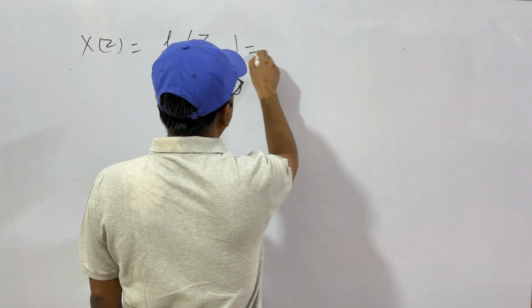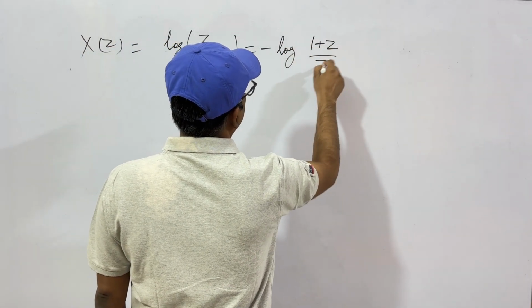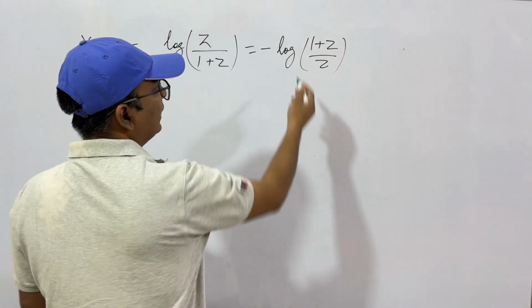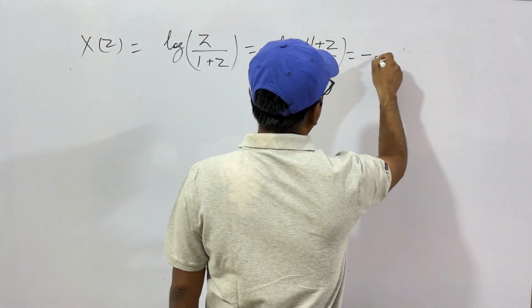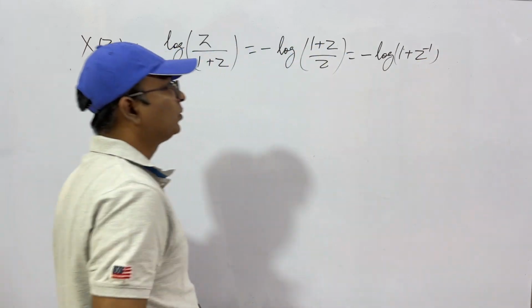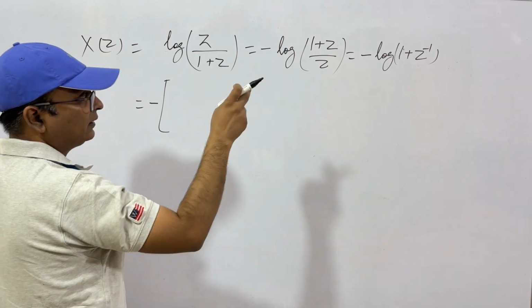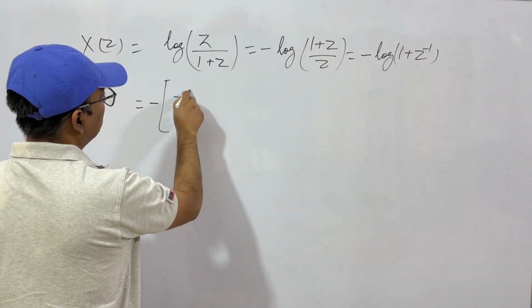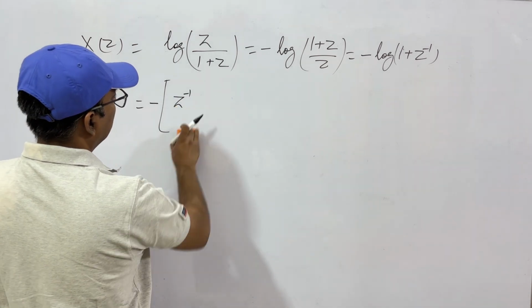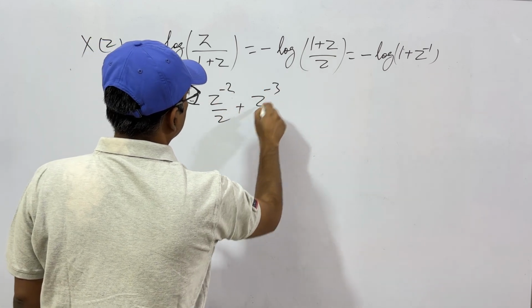So we can write it like this also, minus log 1 plus z by z, this you know about log, and this can be written as minus log of 1 plus z inverse. Now this is in the form log 1 plus x, so we can write it as minus, this x is here z inverse, so it will be z inverse, then second term is negative, so minus z inverse squared by 2 plus z inverse cubed by 3.